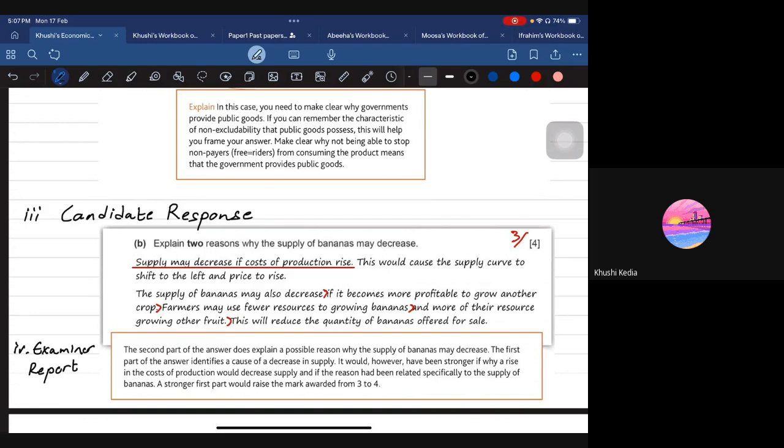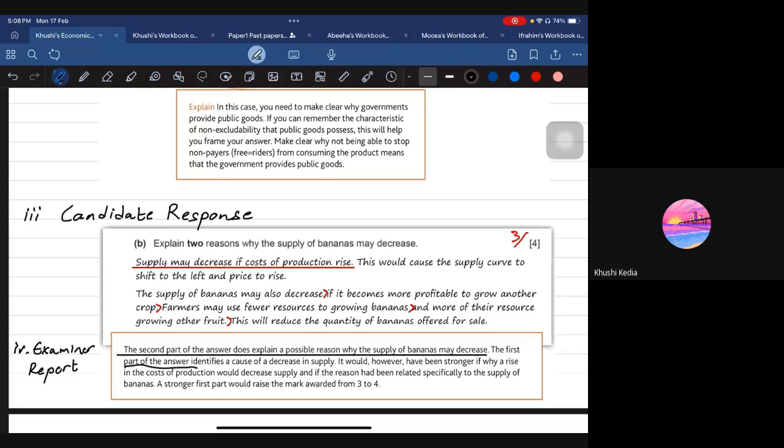What is he saying? The second part is good, but then they would want a reason for the first reason, that why the cost of production is rising. The second part of the answer does explain a possible reason why the supply of bananas may decrease.